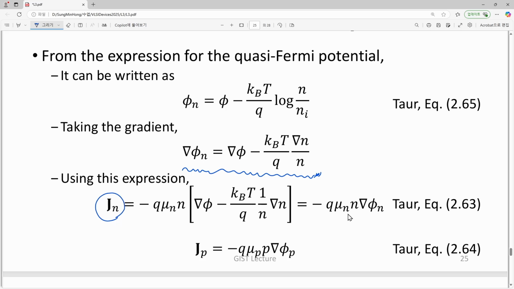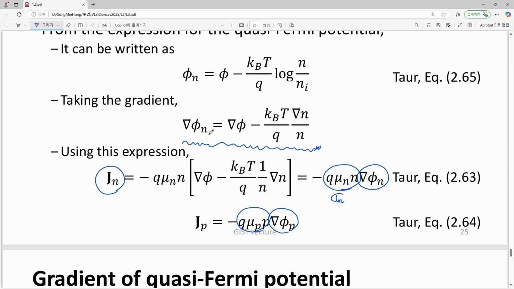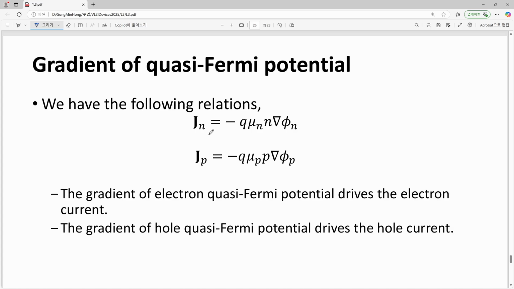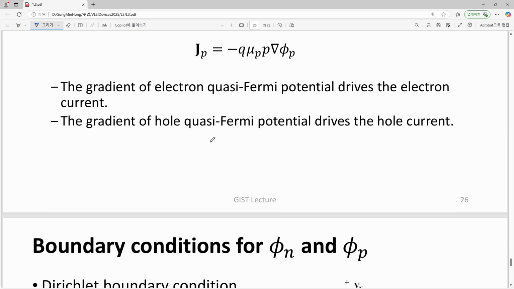Electron current density can be written as electron conductivity times gradient of quasi-Fermi potential. And in the case of whole, conductivity times gradient of quasi-Fermi potential. These are quite important relations we will use later on. So now gradient of quasi-Fermi potentials can be regarded as driving forces. That is an important one we will have.